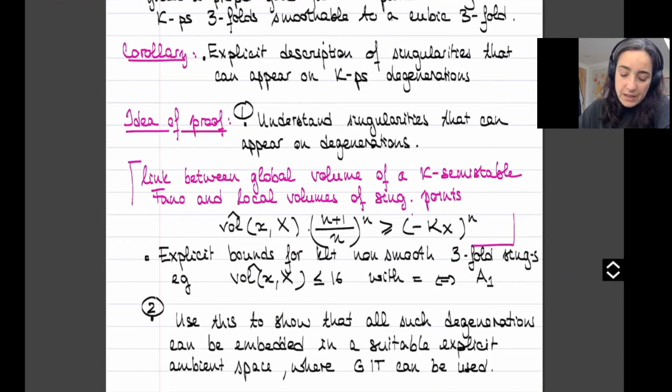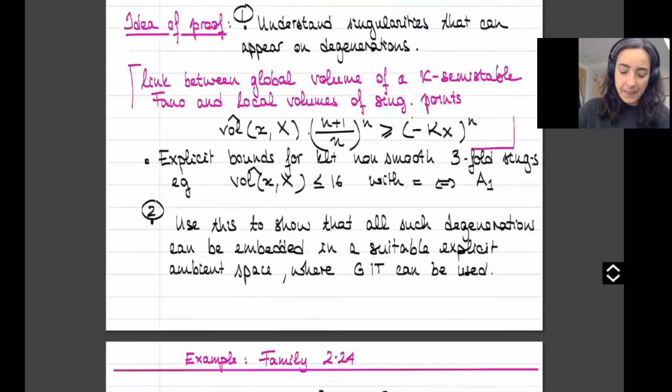So then they use this to show that all such degenerations can be embedded in a suitable explicit ambient space, and then you can use GIT and show that K-polystability is actually the same as GIT polystability.